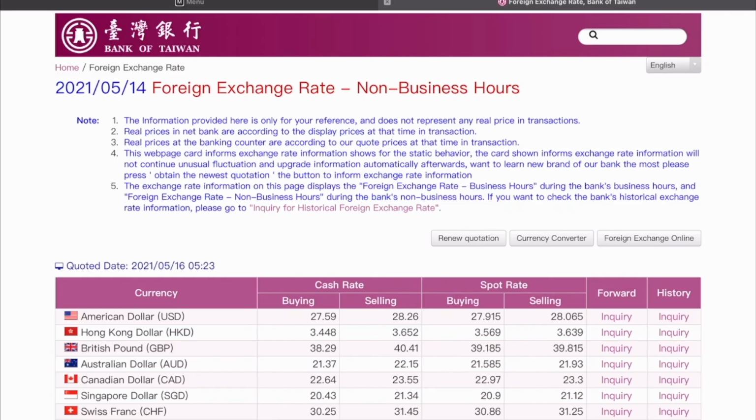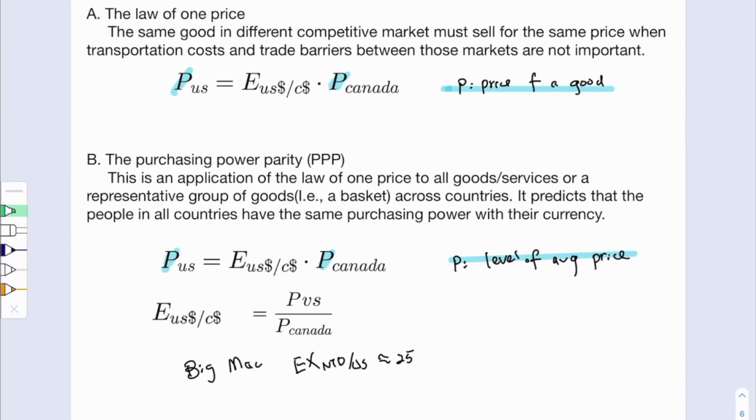And what should be the exchange rate nowadays? The Bank of Taiwan stated that the exchange rate is about 27 to 28. In other words, the Big Mac index implies that the exchange rate needs to be 25, but nowadays the exchange rate is about 27 to 28.